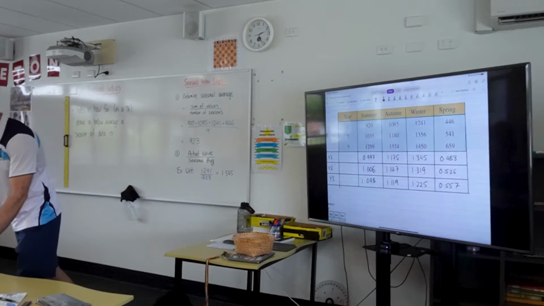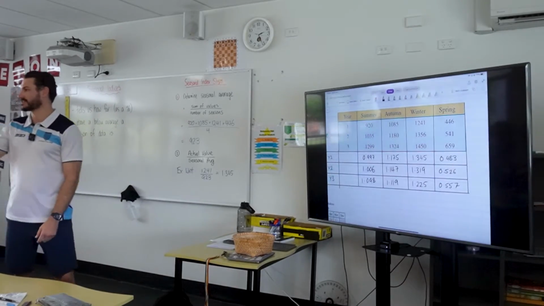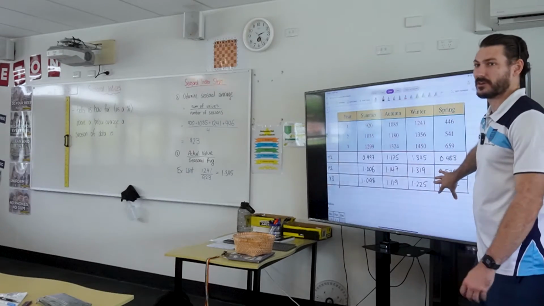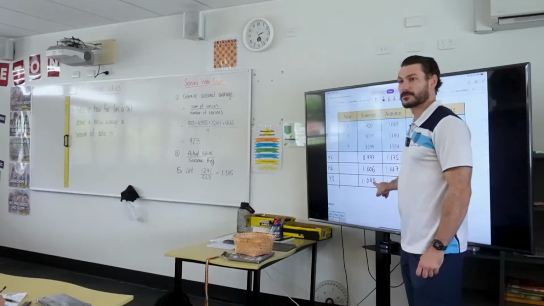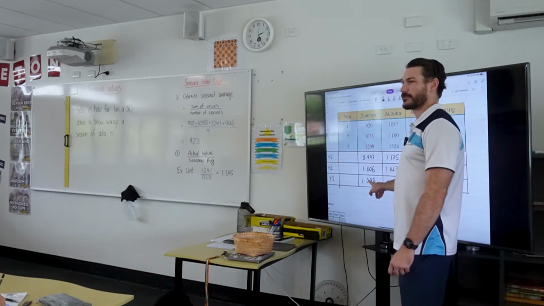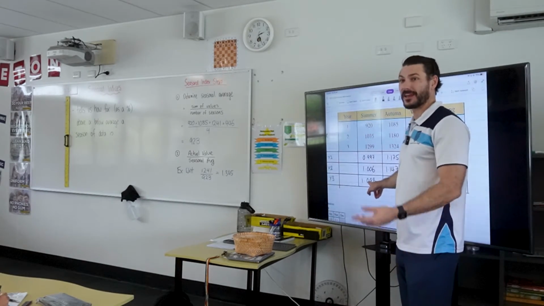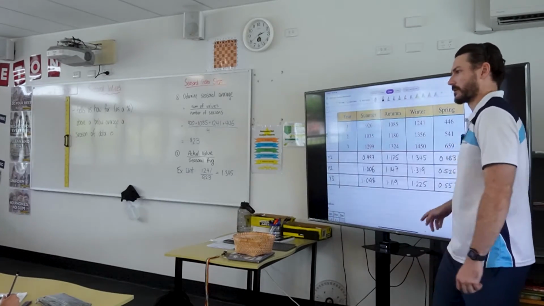So before we get to that process, we need to do one more thing, which is average the 3 seasonal indices you've got. So if you've got these already written, if you don't have these written, in a moment, write them down. But I want you to take these 3 numbers for summer, the 3 seasonal indices, add them together and divide by 3. So we're averaging those 3. Then average those 3, average those 3, and average those 3.